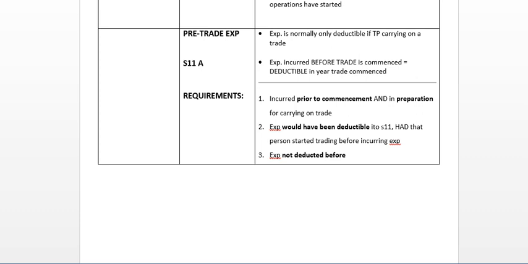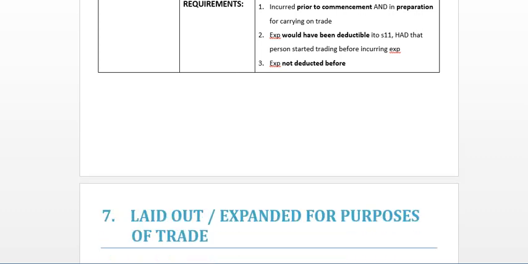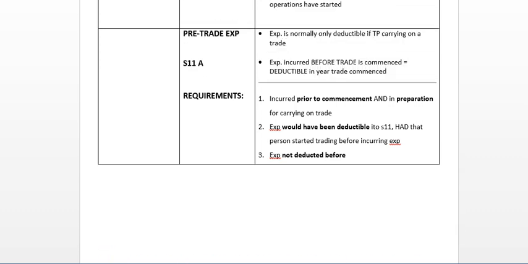So what are the requirements? So the requirements are that it needs to be incurred prior to commencement and in preparation of carrying on a trade. So preparation and prior to commencement. The expenditure would have been deductible in terms of section 11 had that person started trading before incurring the expenditure. Expenditure not deducted before. Okay, so yeah, you need to know these requirements.